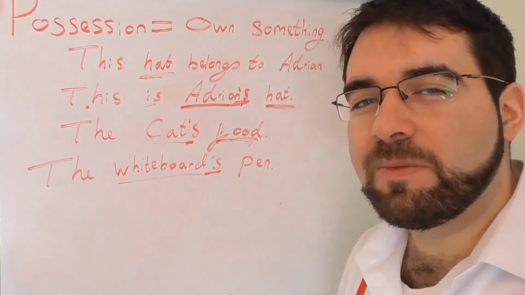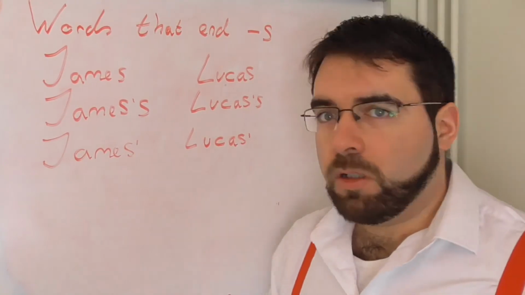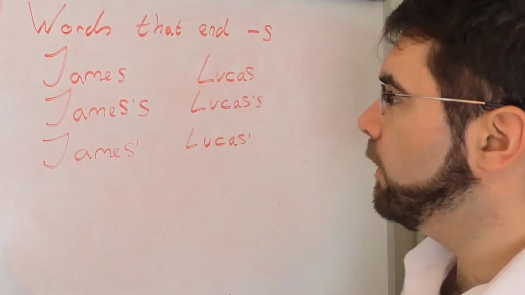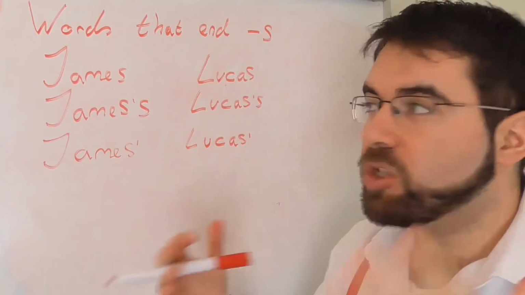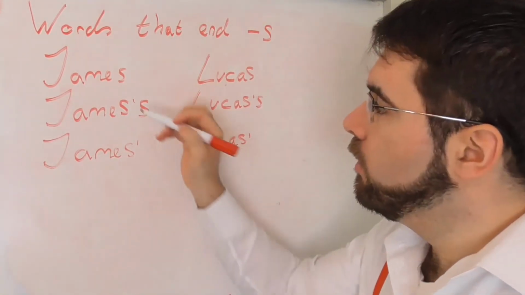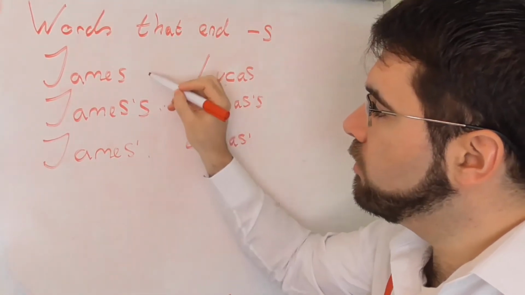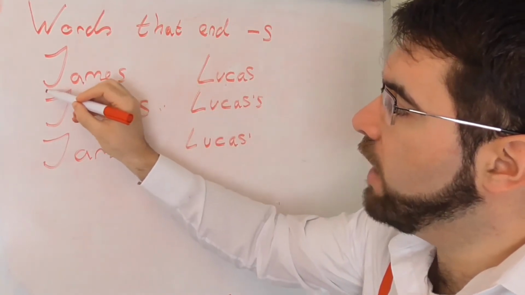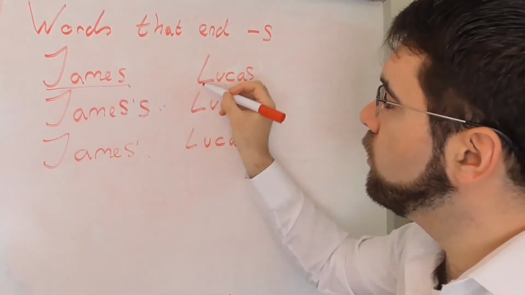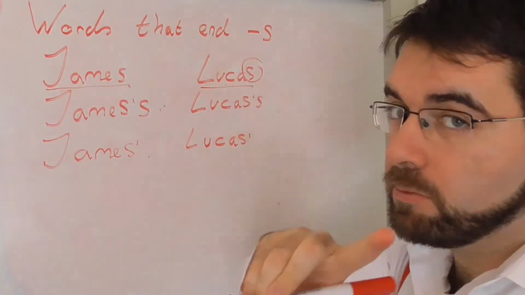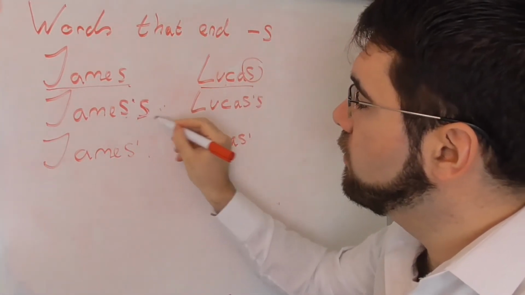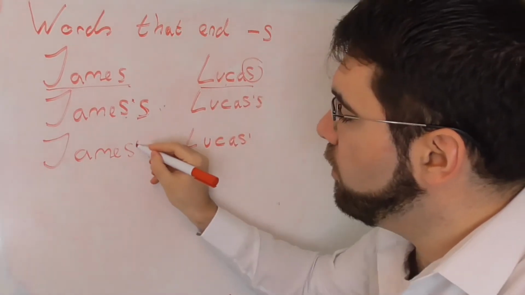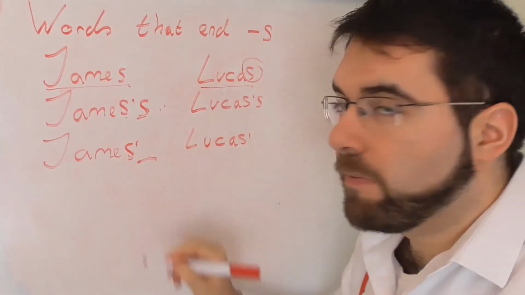Let's keep going. But one little interesting caveat. When the word ends in S, what do we do? Like James or Lucas. So we have the base, James or Lucas, ends in an S. Do we add S, apostrophe S, or just S and apostrophe and leave it at that?